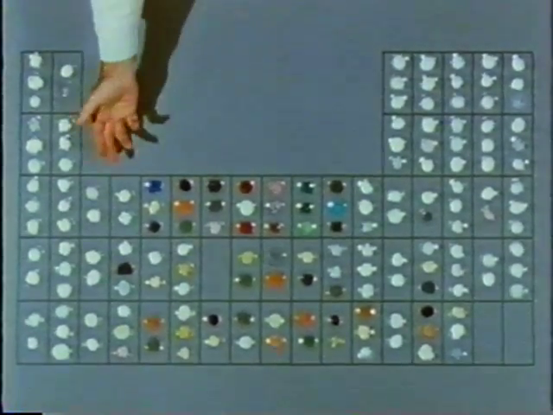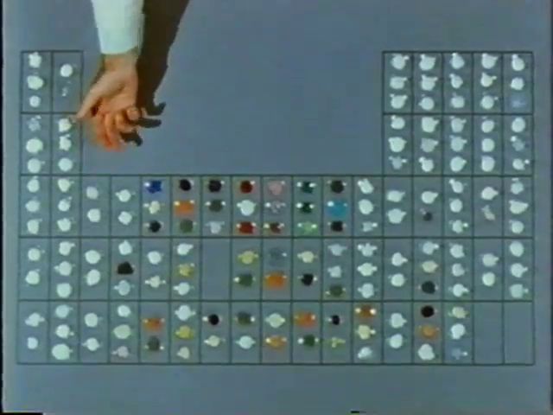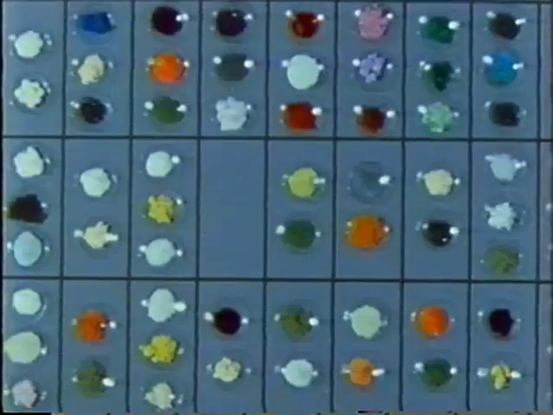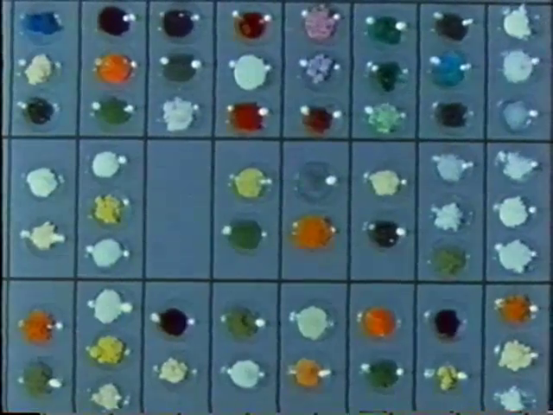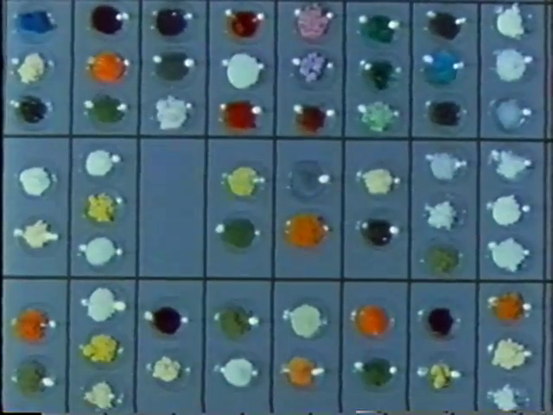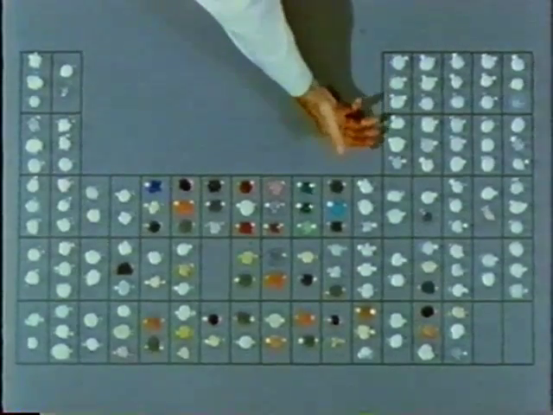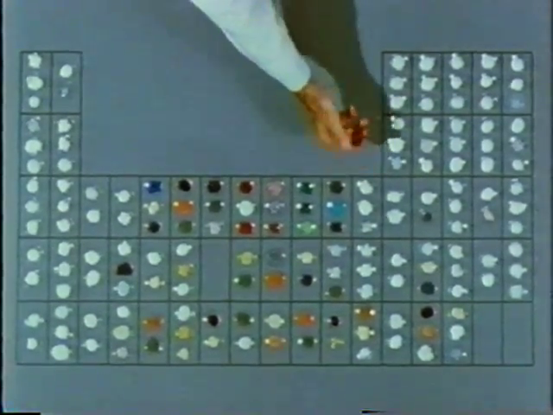The compounds on the left end of the periodic table tend to be colorless. In this central region, most are colored. On the right side of the periodic table, most are colorless.